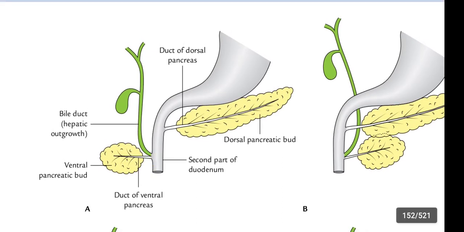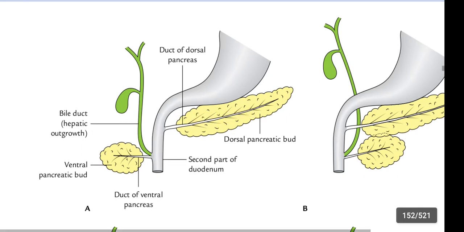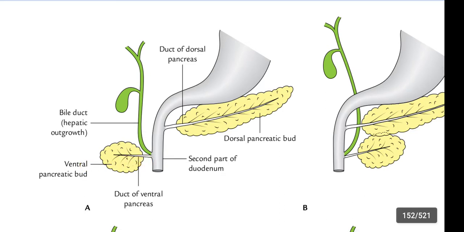The dorsal pancreatic bud arises from the second part of duodenum, and this ventral pancreatic bud arises from the second part of duodenum as well as from bile duct. Okay, for liver.